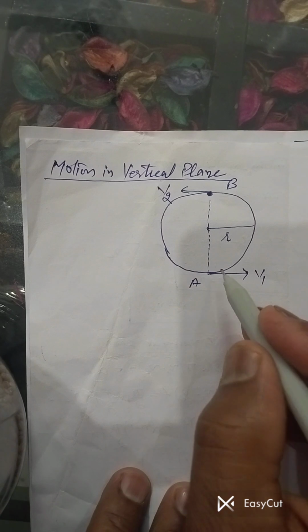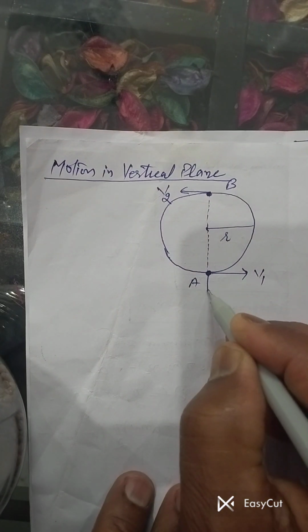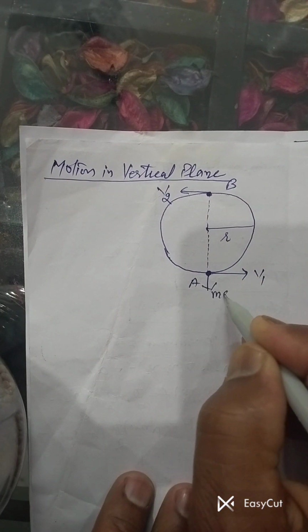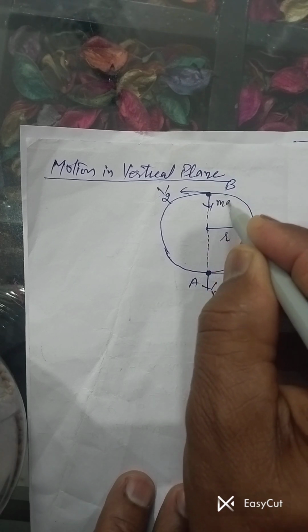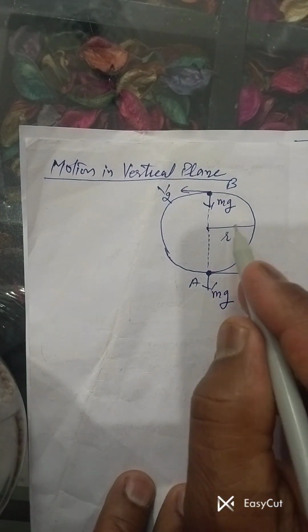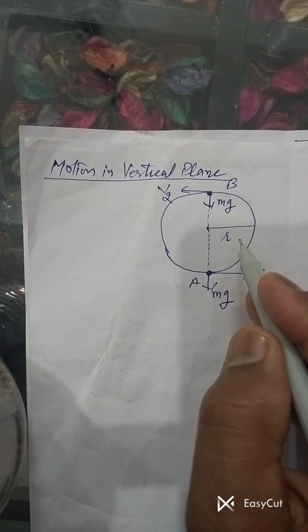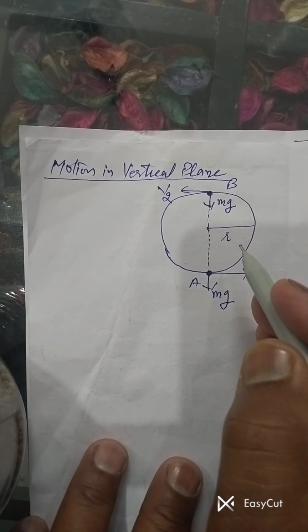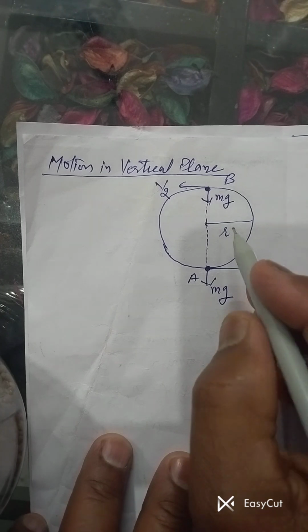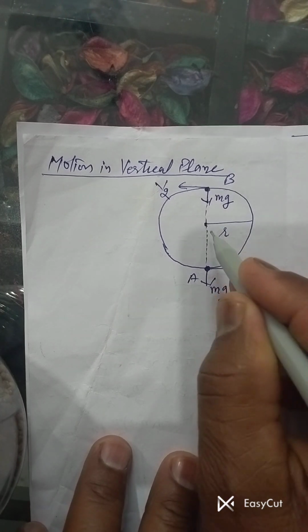As you know, the weight of the body always acts in the downward direction in both cases. This is mg, which is in the downward direction, and r is the radius of the string with which the object is attached.